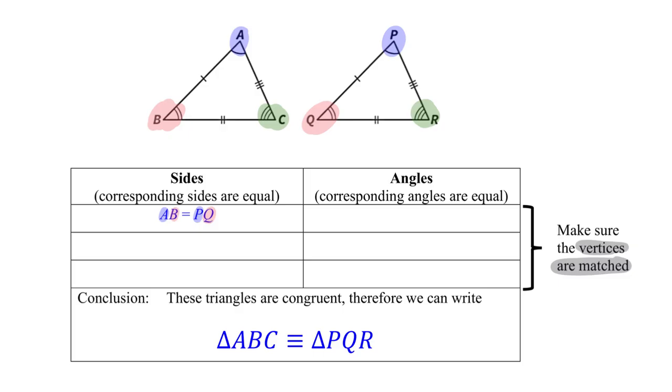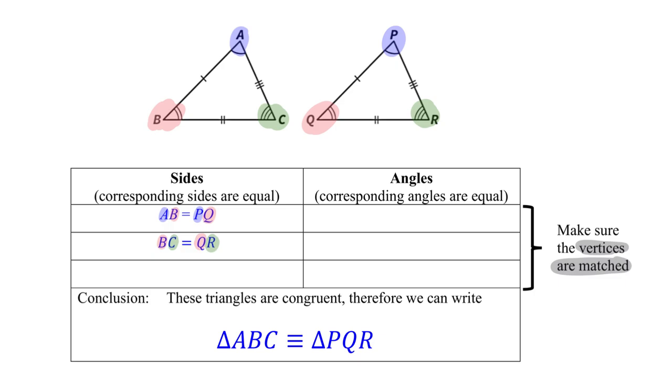Okay? If I were to talk about BC, the vertex B and Q match with each other, C and R. So B to C, BC is equal to QR.